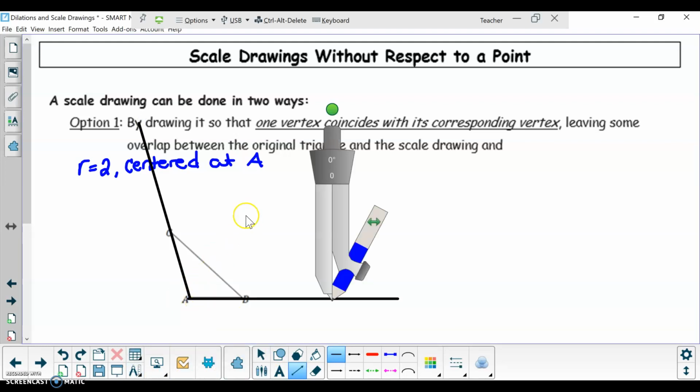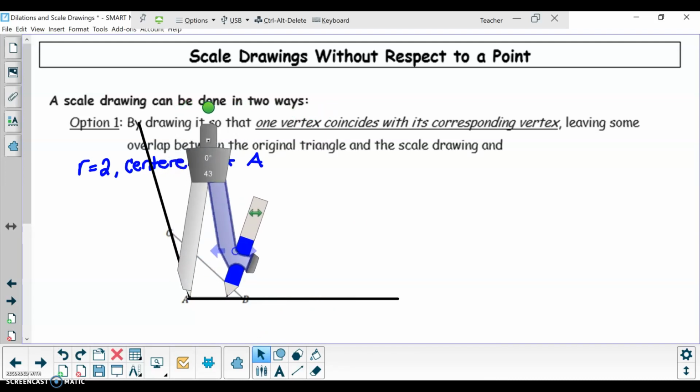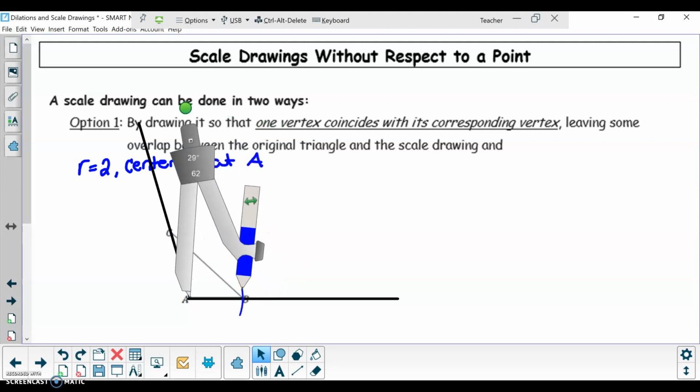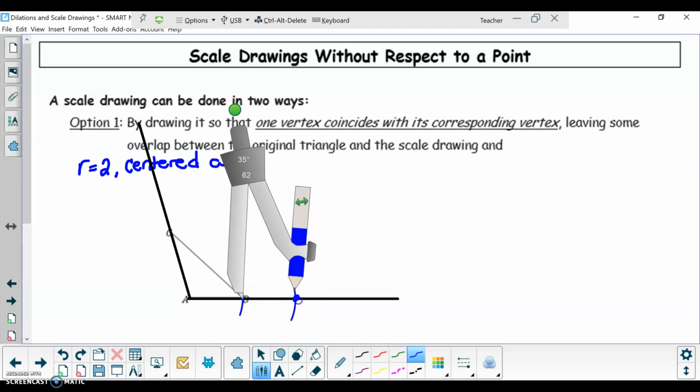I'm going to take my compass, and first dilate point B. Just like we did before, the metal point goes on the center of dilation, on vertex A, and I extend to point B. This is a scale factor of 1, and I'm going to do that again because I want a scale factor of 2. This point right here is B prime.